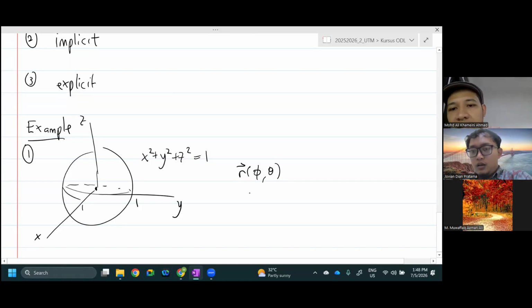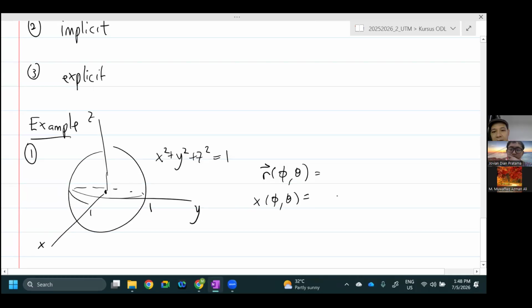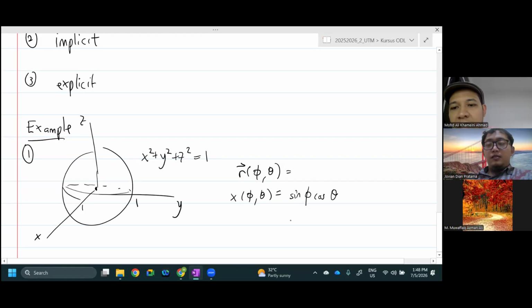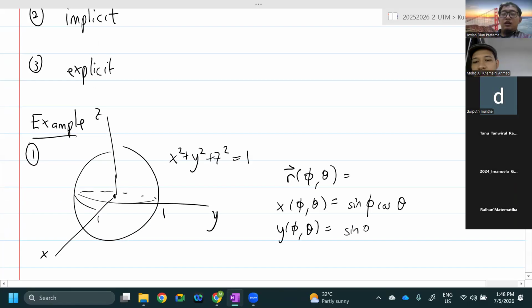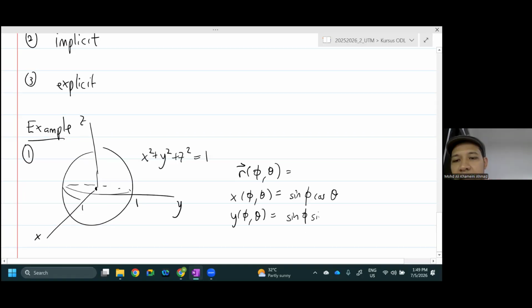So x equal to what? x(phi, theta) is equal to, should be 1 sine phi cosine theta here. y(phi, theta) is equal to sine phi sine theta.